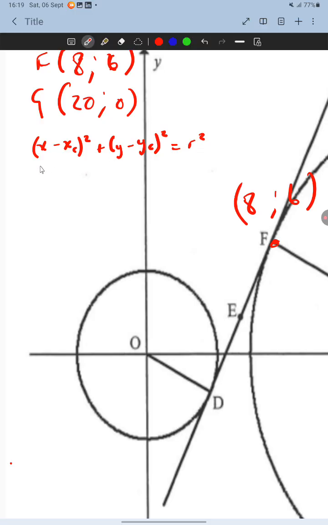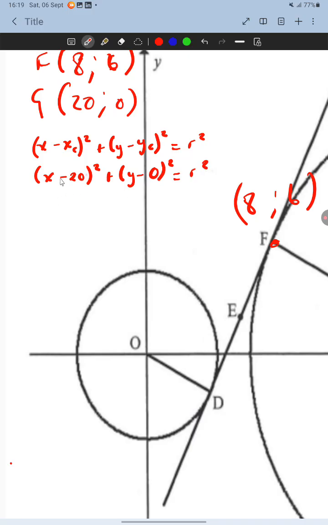So x minus 20 squared plus y minus 0 squared is equal to r squared.